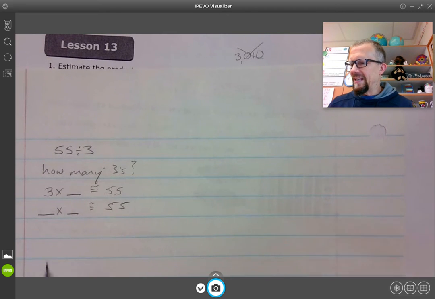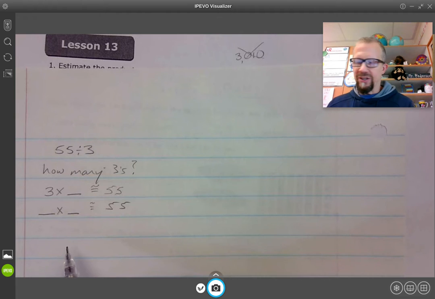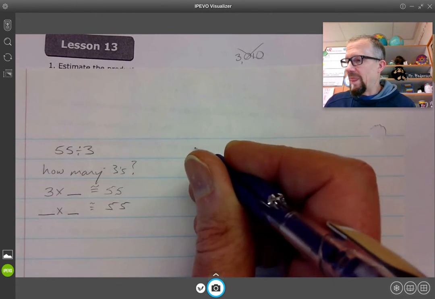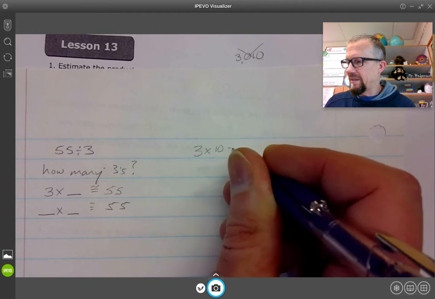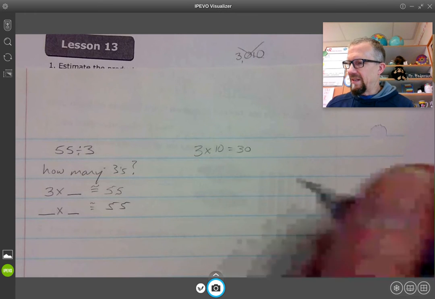So it is fine to think about this as multiplication. Okay, the reverse of division is multiplication. So 3 times what gets us close to 55? And what I'm just going to do is make some guesses here and see how close I can get. And I want to start with a guess that's easy. I know 3 times 10, that's 30. Oh, that's pretty close.